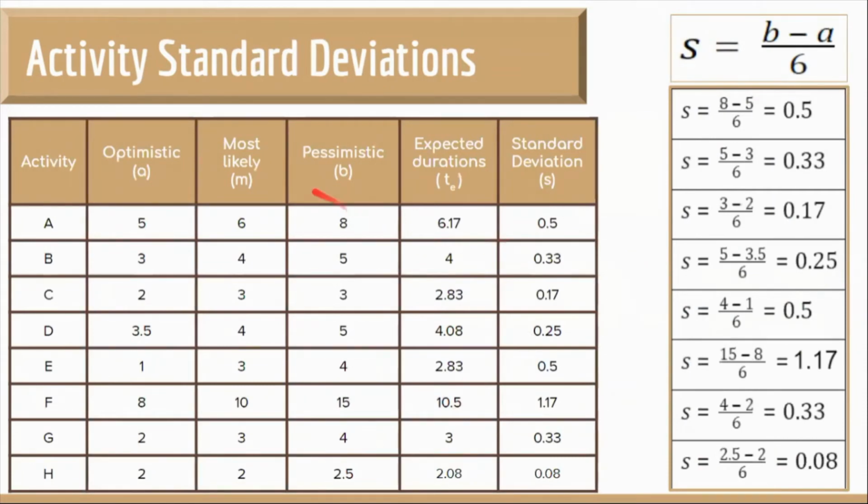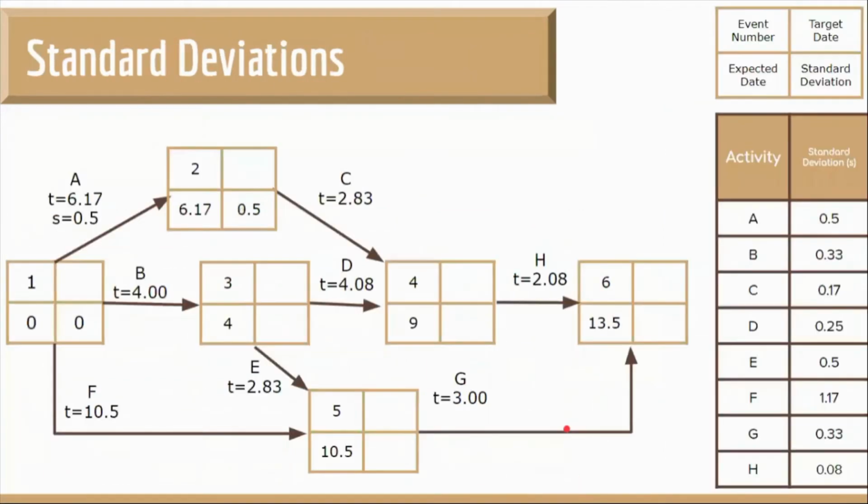So we have 8 minus 5 divided by 6 giving 0.5. 5 minus 3 divided by 6 giving 0.33. 3 minus 2 divided by 6 giving 0.17, for activities A, B, and C respectively. And we calculate the standard deviations for all the activities.